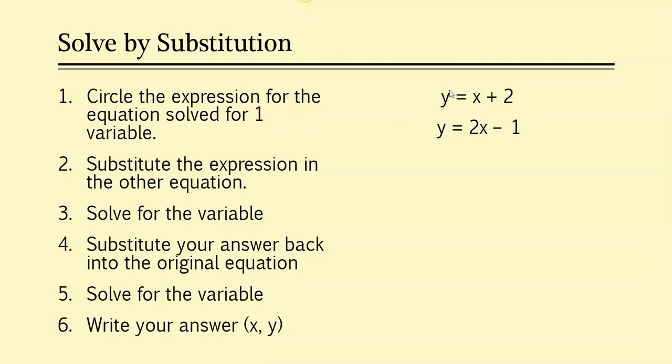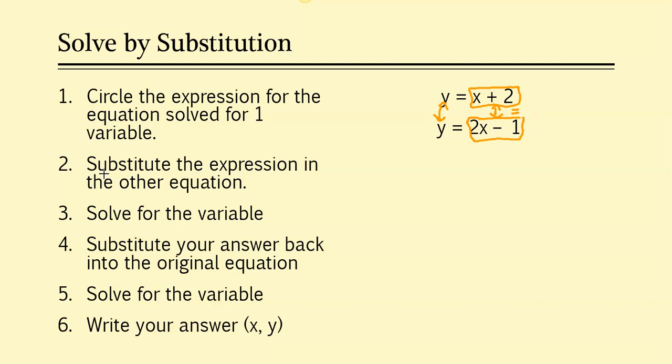Well, note this time they both say y equals. They're both in the form y equals, so I'm still going to use the same method, but the substitution is going to look a little different because I have this equals y and this equals y. Since they both equal y, that means they equal each other.